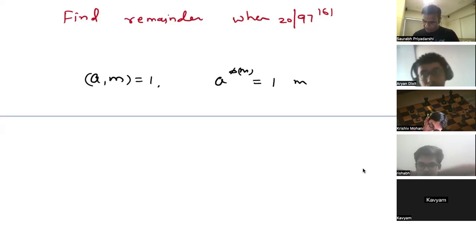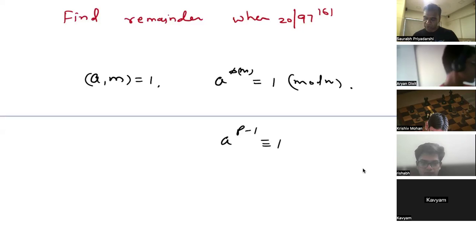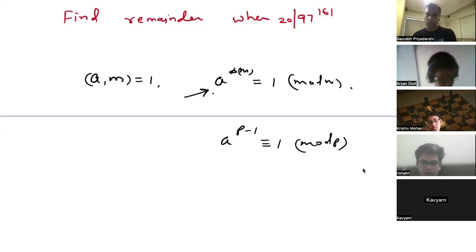Earlier we saw that A to the power p minus 1 is congruent to 1 mod p, that is Fermat's theorem, but the most generalized formula is given by Euler. This is called the Euler totient function.